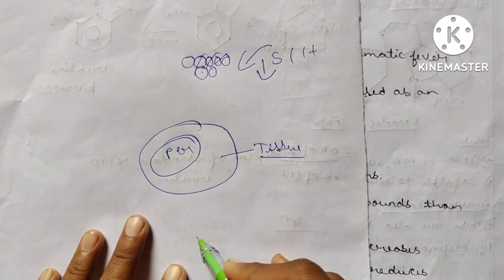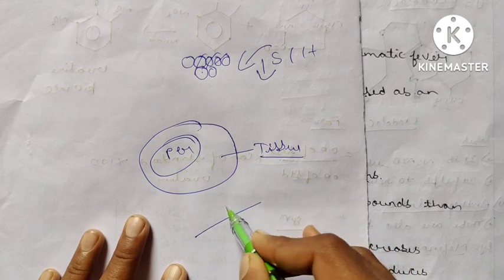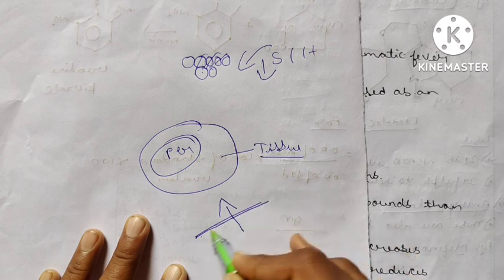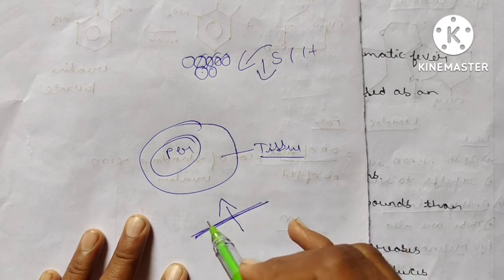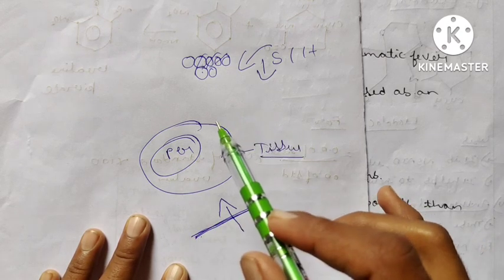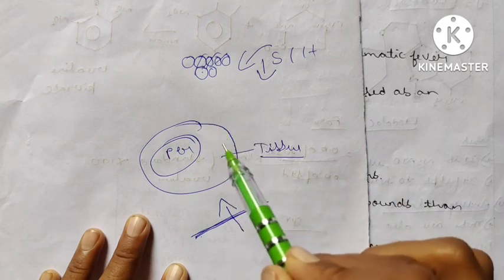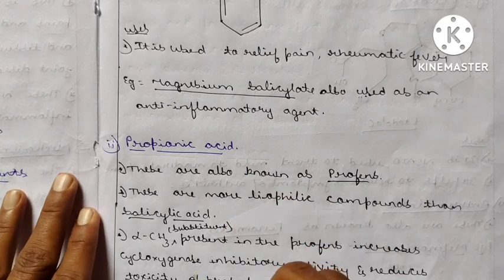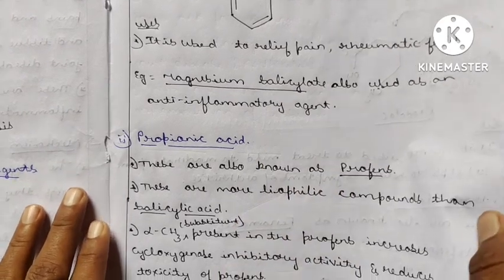This is the cell membrane. If the drug wants to show its activity, it has to pass through the lipid content of the cell membrane. So if the drug is more soluble in lipid, only then does it show good action. This propanoic acid has a good lipophilic property.